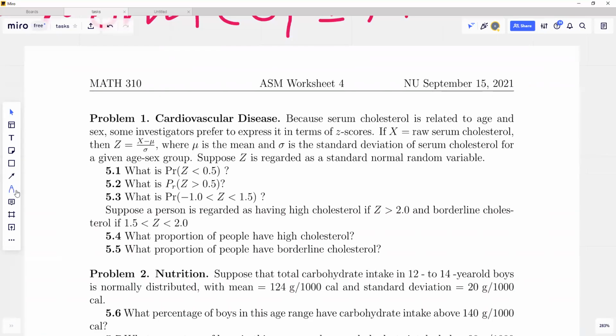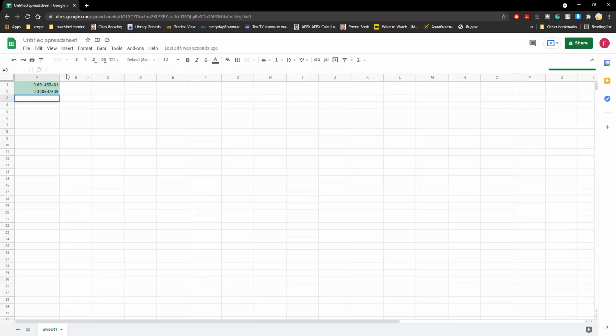Now, what is the probability that z lies in the range from -1 to 1.5? All right, so let's calculate that. This is norm.dist from -1 to 1.5, right, guys? If I recall correctly, yes.